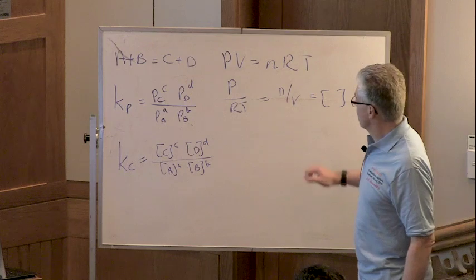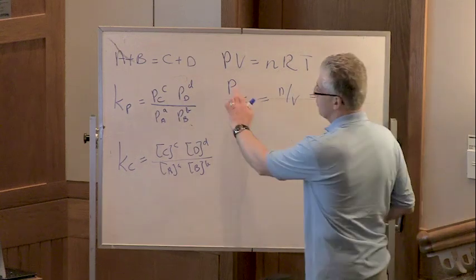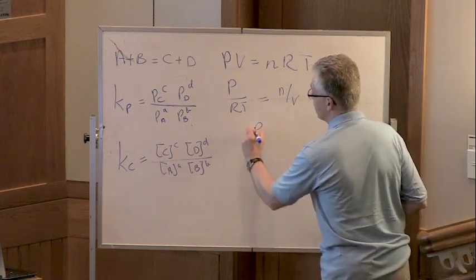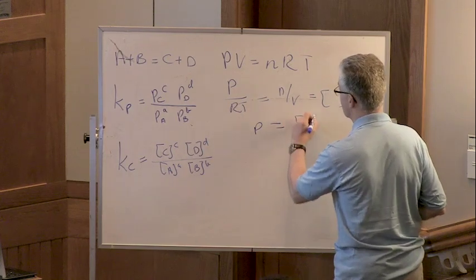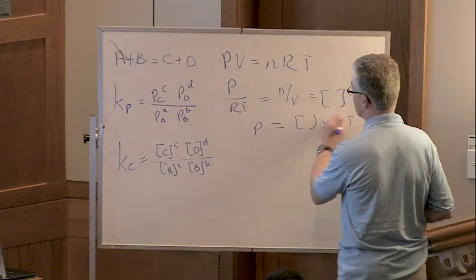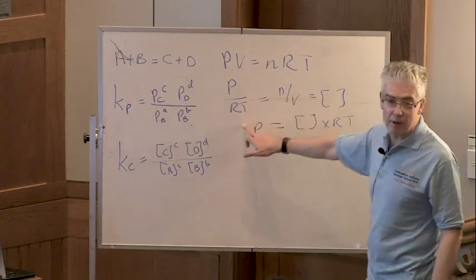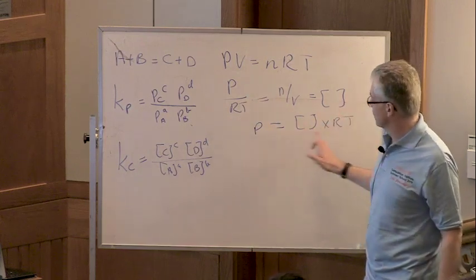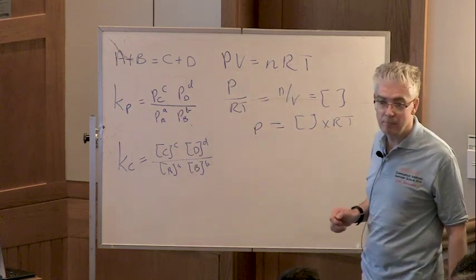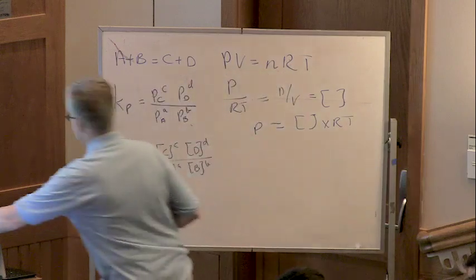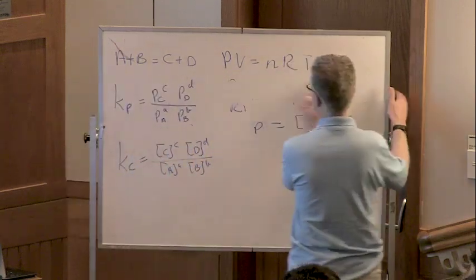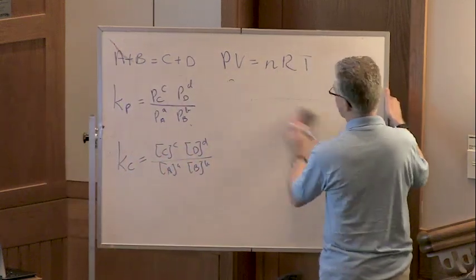But we know that P is equal to concentration times RT. P over RT is concentration, or P is equal to concentration times RT. I'm going to rub that out.